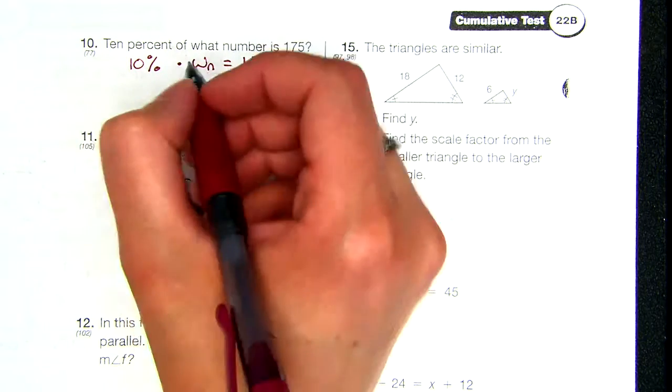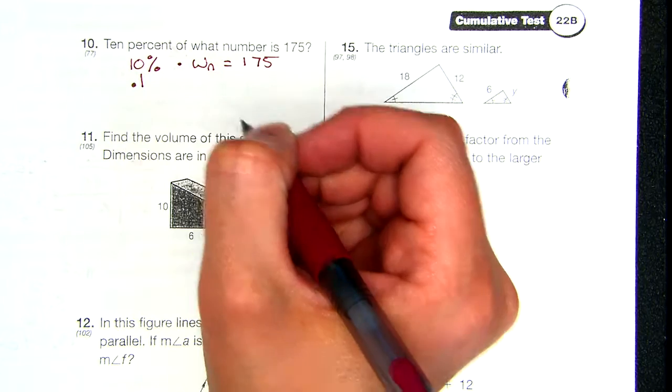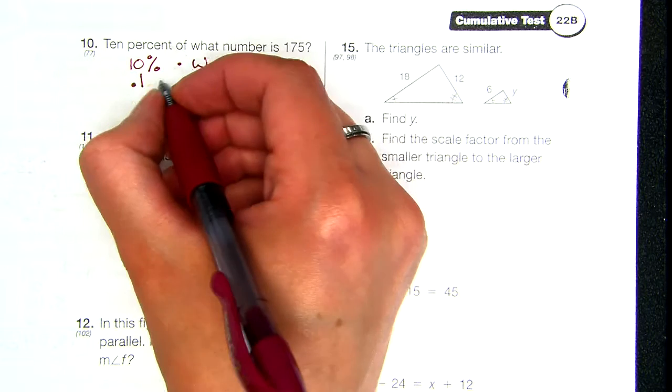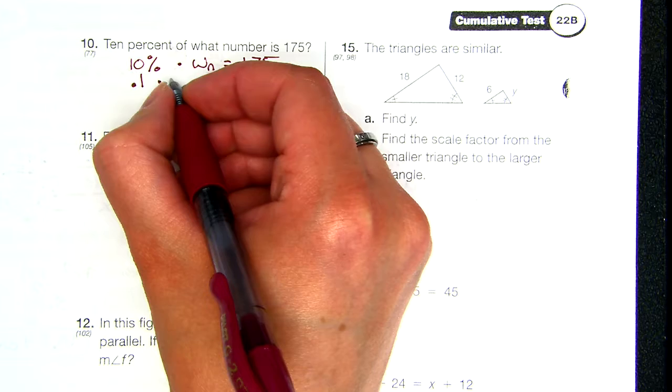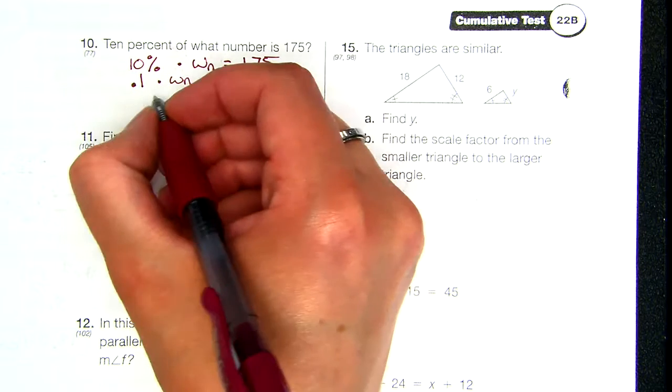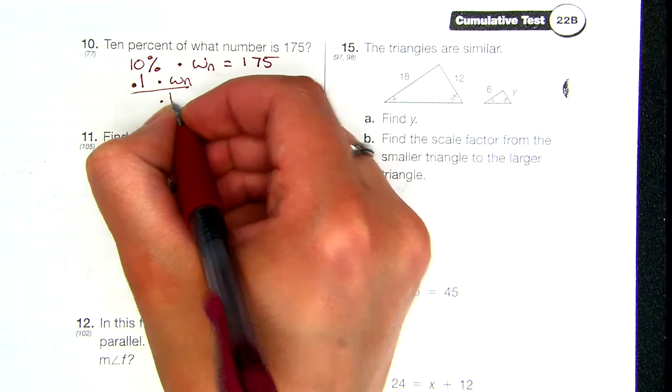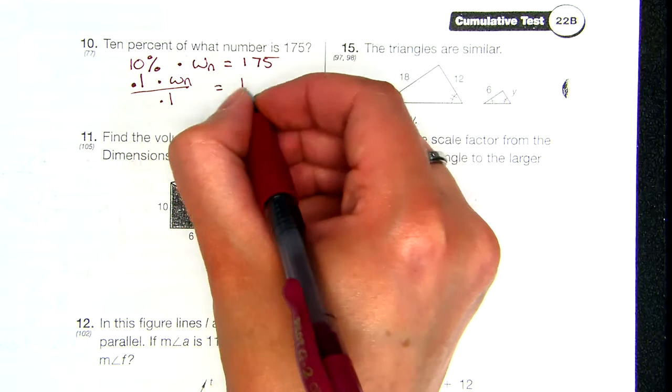Okay. All right, well, my 10%, remember, is 0.1. So if I have 0.1 times a number, okay, I need to divide both sides by 0.1.